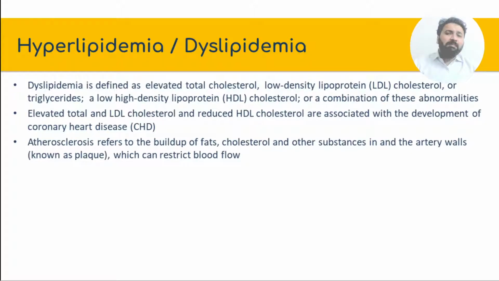Hyperlipidemia, meaning a high amount of lipid in the bloodstream, is also known as dyslipidemia, which is simply defined as elevated total cholesterol, low density lipoprotein, triglycerides, a low high density lipoprotein cholesterol, or a combination of these abnormalities.